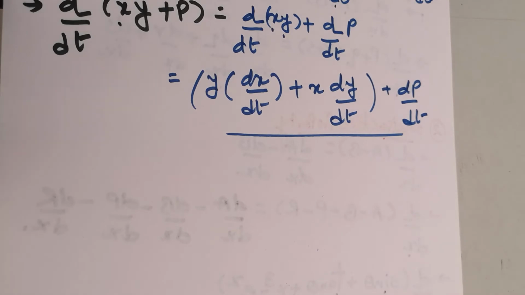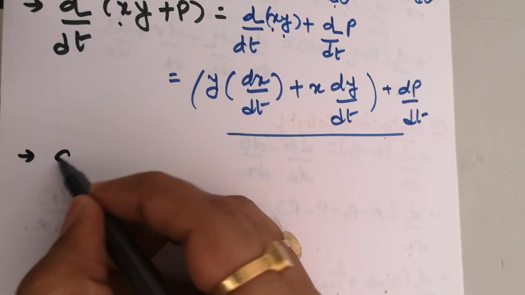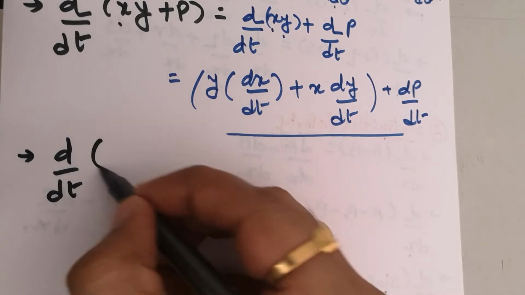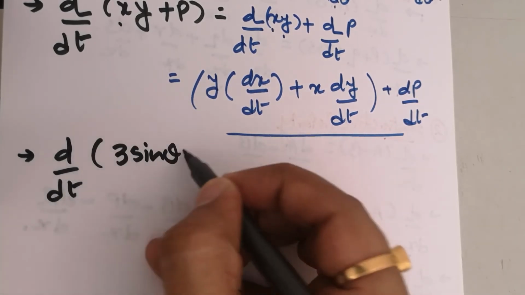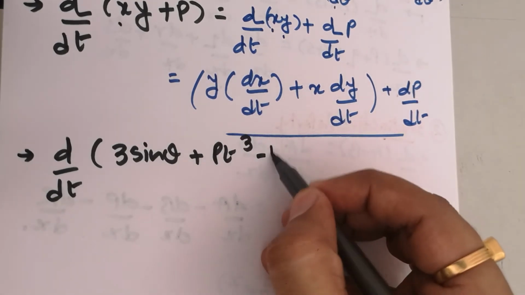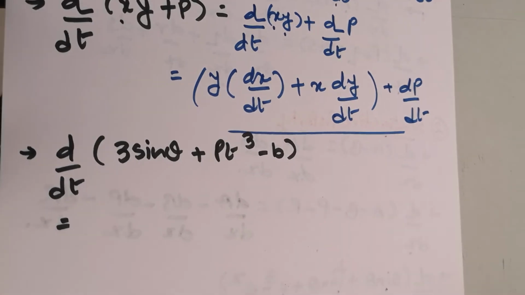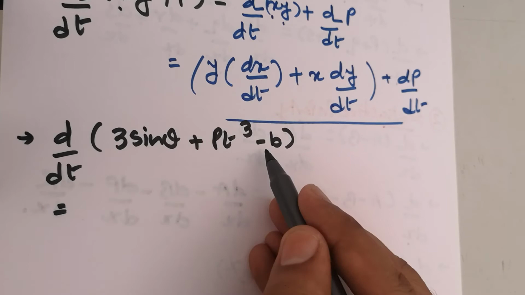Now I am giving you another example of addition, subtraction and multiplication, all three together. So let's say you have 3 into sine theta plus pt cube and minus b. First of all, just have a mental note that you have addition and subtraction.